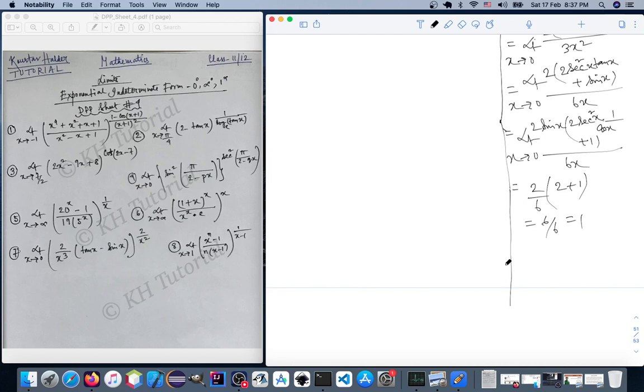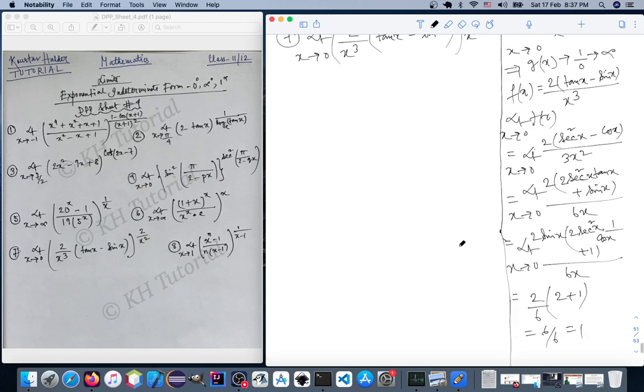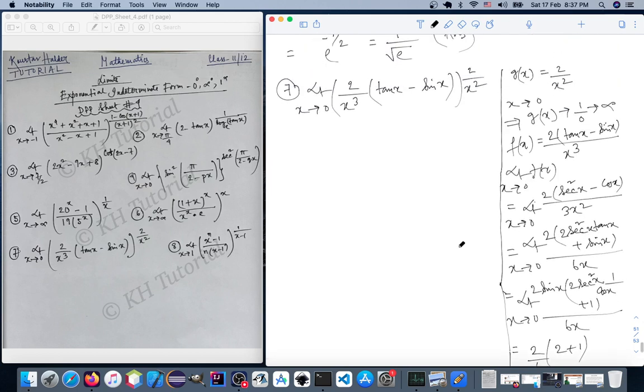So the limiting value of f(x) is 1 and g(x) is infinity.